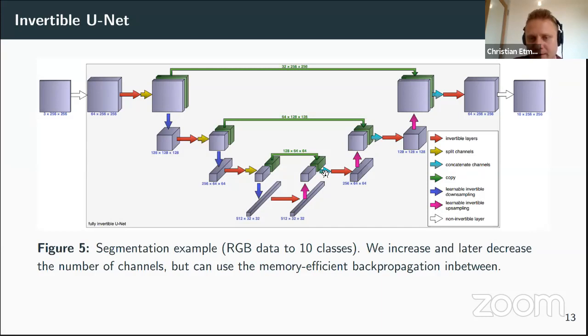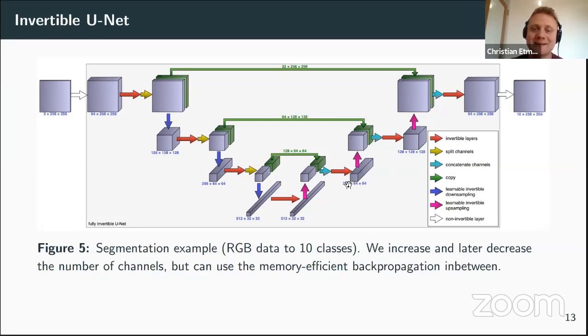And then we use the skip connections that we also implemented for the other half of the activations, the other half of the channels. And this concatenates the channels from the same resolution from the downsampling branch of the neural network. So this essentially looks like a classical UNet with some differences, I would say.